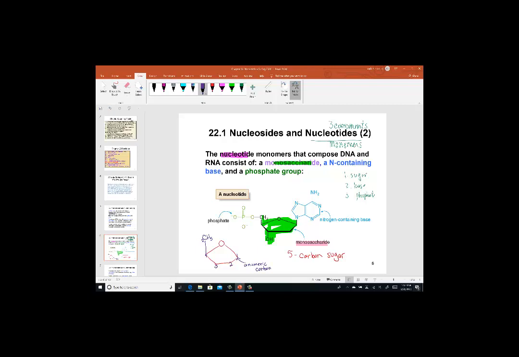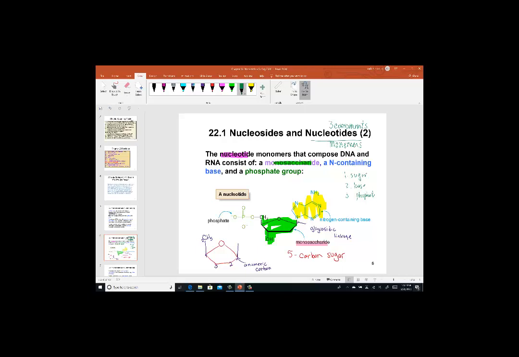Notice here, carbon number 1 attaches to the base. We will learn that this is called a glycosidic linkage. We'll show that again multiple times. Another component of this molecule, let's do yellow. This component here is the base, the base that contains nitrogen.